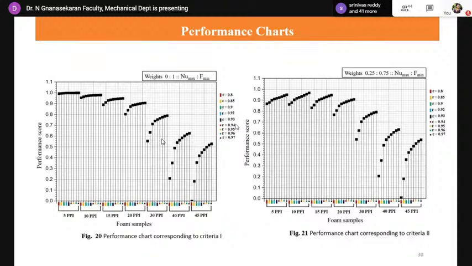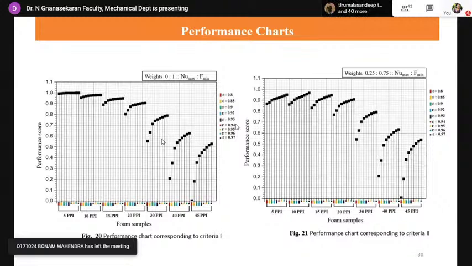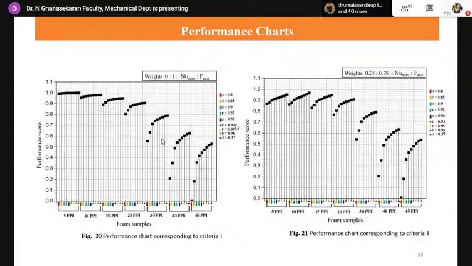Among these, when we consider 5, we are also varying the porosities. Porosities varied from 0.8 to 0.97. So when we vary like this for different PPIs, you see the performance score. When we assign 0% weightage to the Nusselt number and 100% weightage to the friction factor, the preference is going to be 5 PPI.